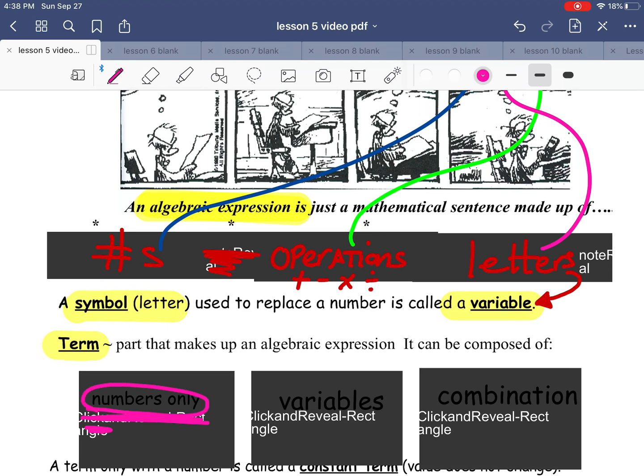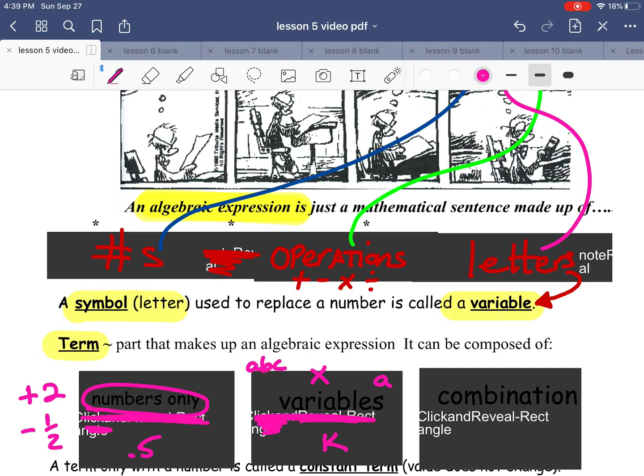So for example, a term, a piece of algebra, could just be like a +2, or it could also be a negative fraction, or a decimal. Just numbers. Also, a term could be made up of only variables, which is, let's say, an x or a k or an a. It could also be, let's say, a, b, c all stuck together.